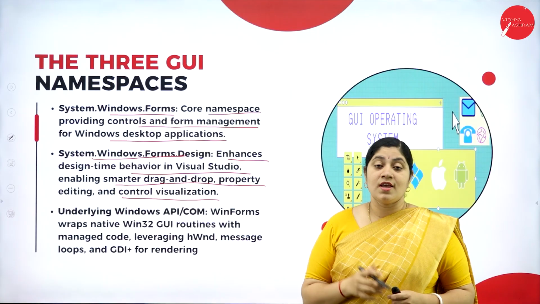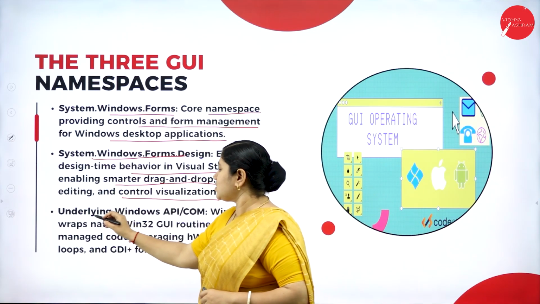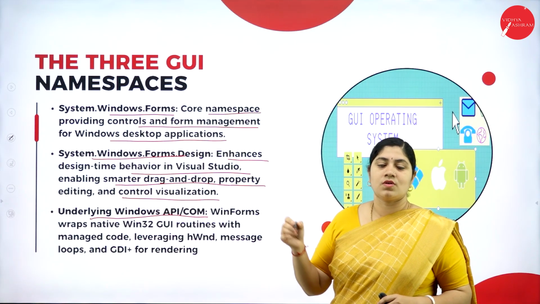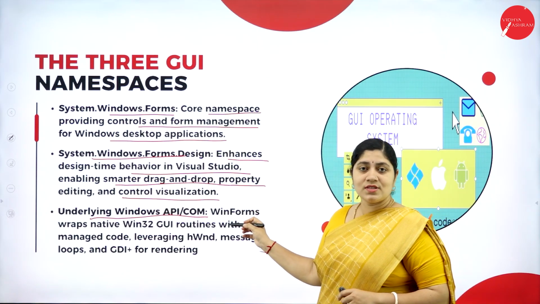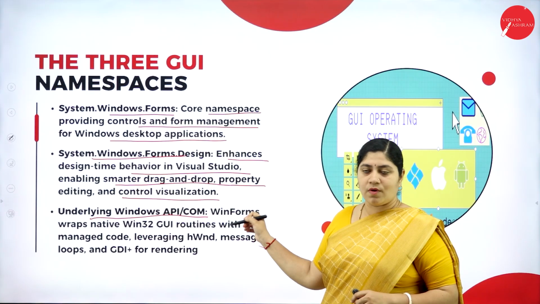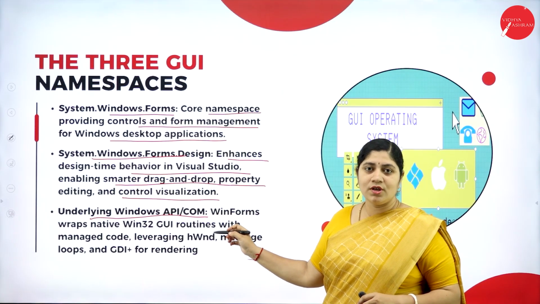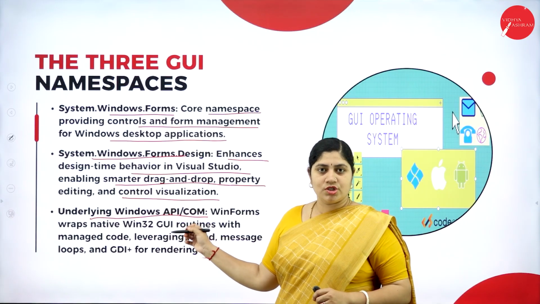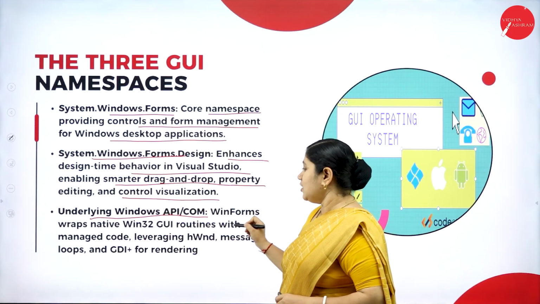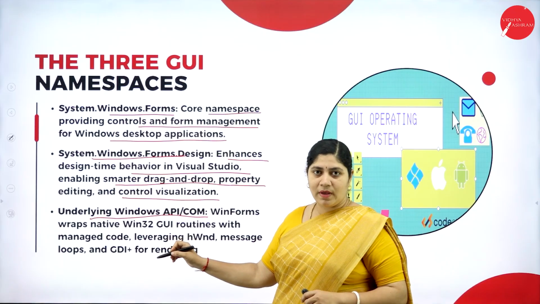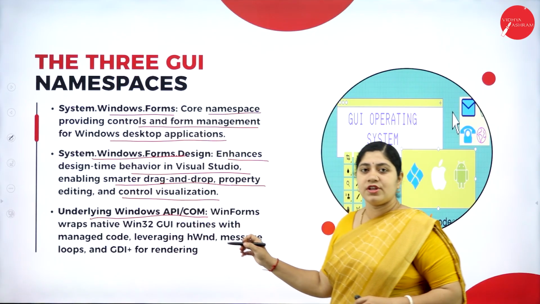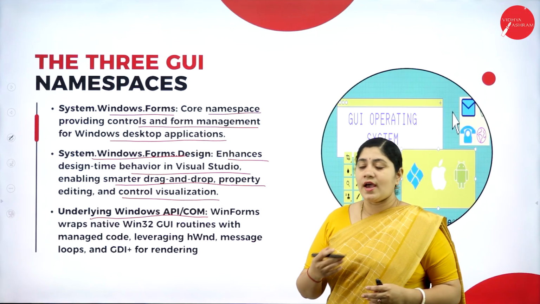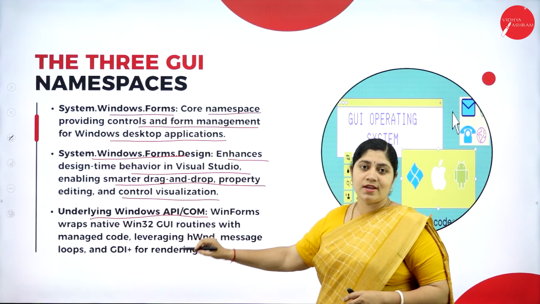The third namespace that we use is the underlying Windows API or COM. This WinForms, or the Windows Forms API, as well as the common Windows forms, are utilized to work with the Win32 GUI routine as well as with the managed code format too, and it leverages the handles as well as message loops and GDI+.